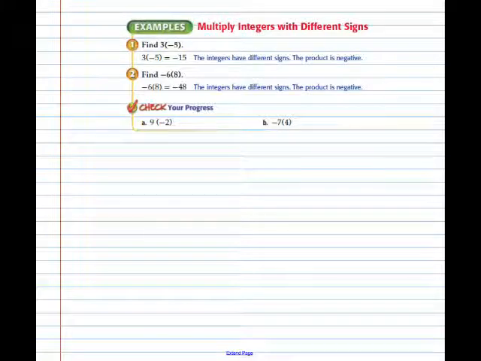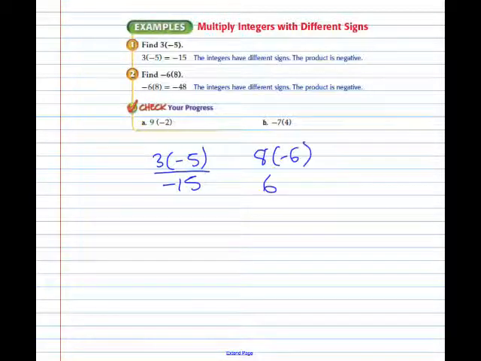So in example 1, 3 times negative 5 would be 3 sets of negative 5, which would be negative 15. Number 2 is the same as 8 sets of negative 6. Negative 6 times 8 is negative 48.